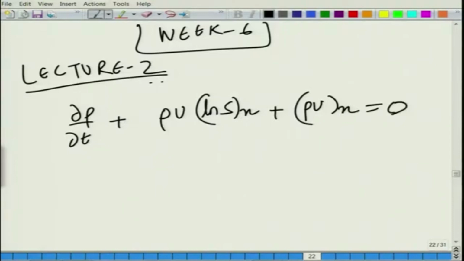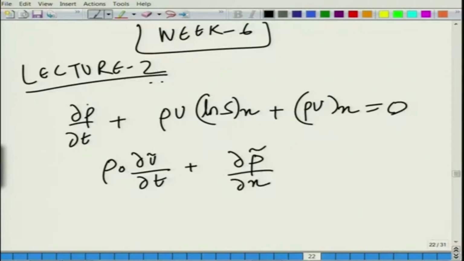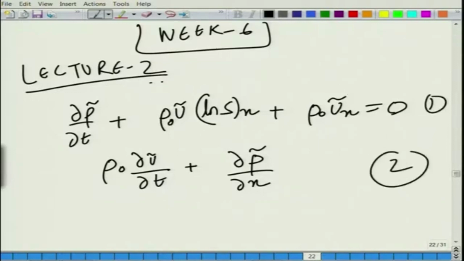The momentum equation that we should be worrying about is rho naught times del del t of u tilde plus del del x of p tilde, and this is actually linearized, after linearization and dropping of the second order terms, as we discussed in the beginning of this course. So, we get this. Let us call this equation 1, and this equation 2.